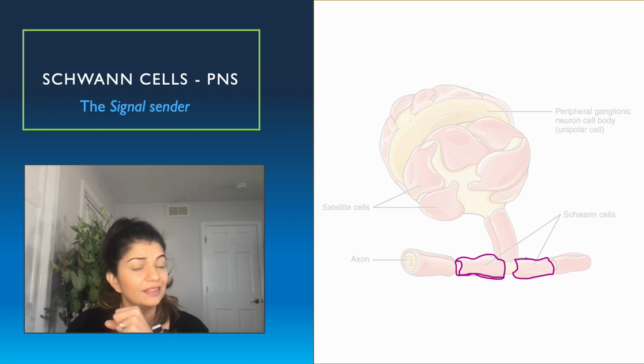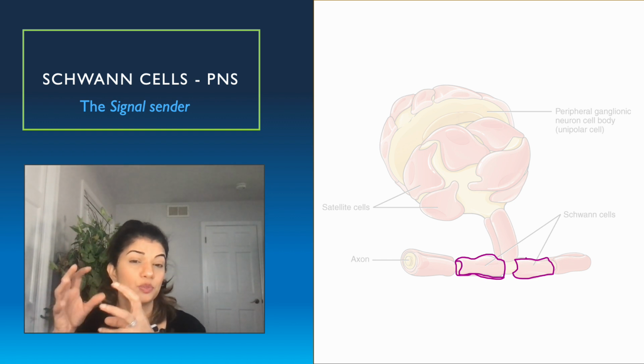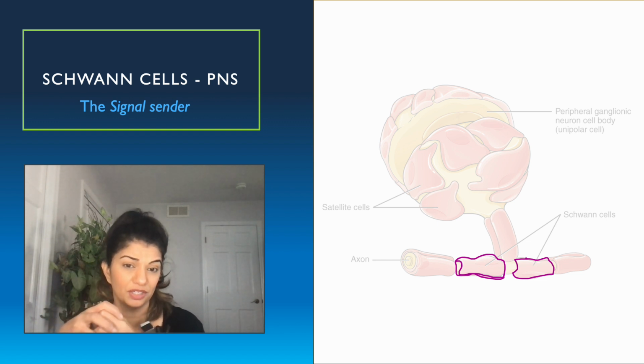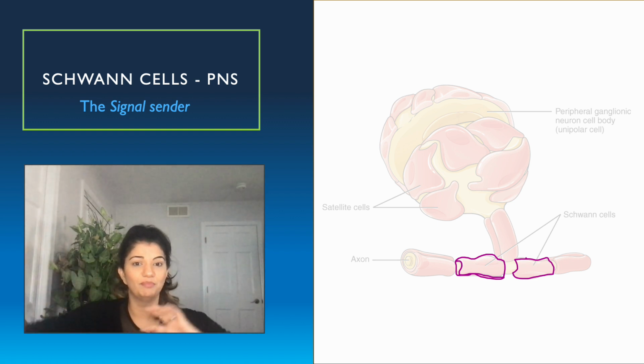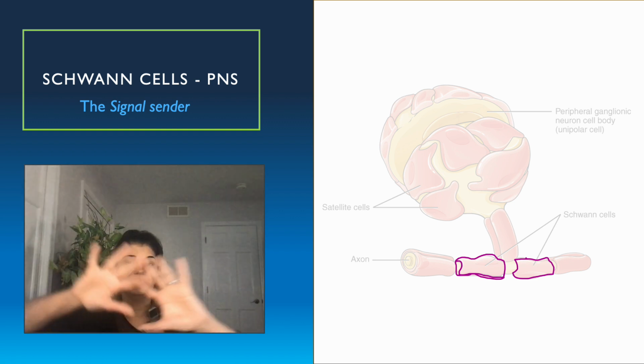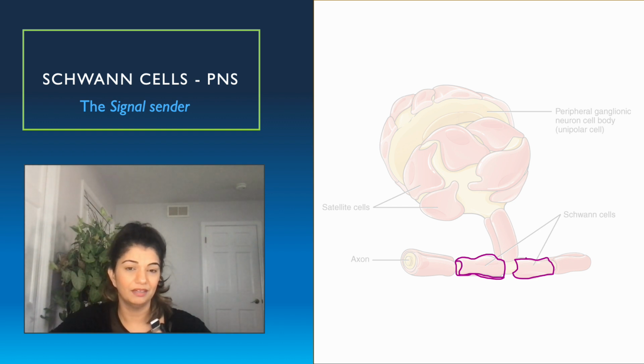They're a little different, though, in that Schwann cells wrap around a portion of one axon segment and no others, whereas oligodendrocytes have multiple processes, so they can reach out to multiple axon segments, whereas the Schwann cell surrounds just one. So the nucleus and the cytoplasm of Schwann cells tend to be towards the edge of the myelin sheath. So that's another characteristic that you could look out for.